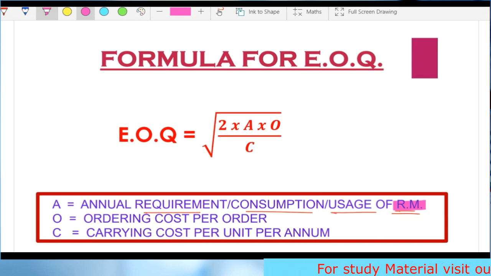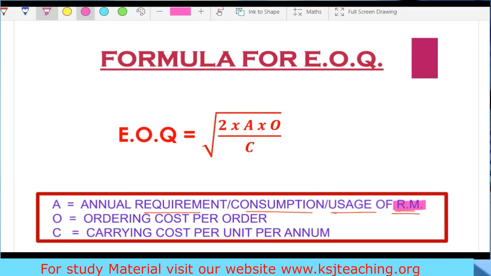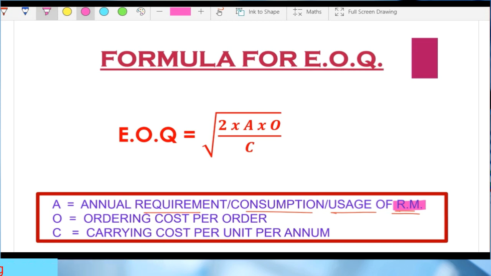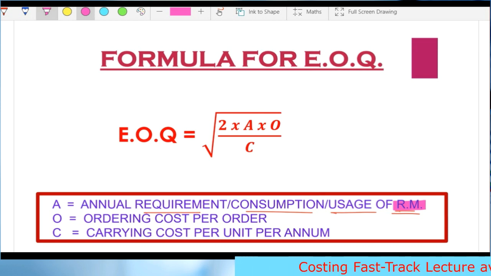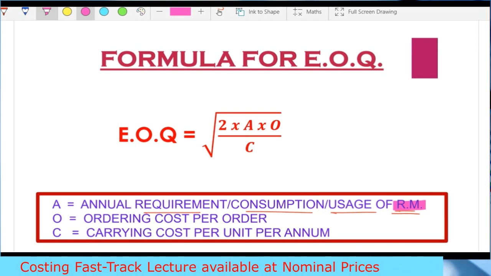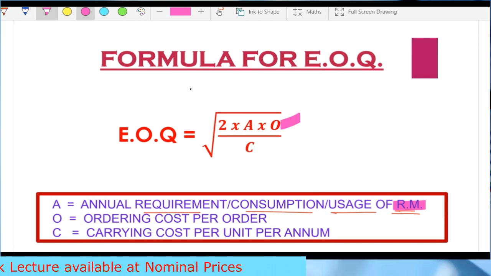So you need to be very careful that A stands for the annual requirement, and the assumption says we know the annual requirement in advance with certainty. That is the first assumption. Clear? So the annual requirement or consumption to be taken is of raw material, not the finished goods, sir.